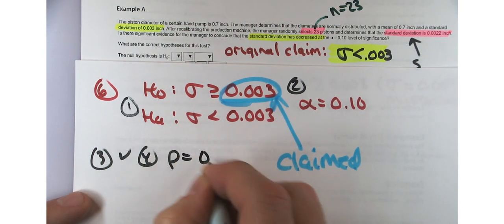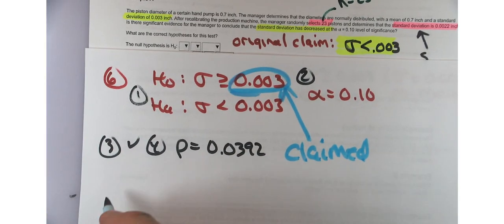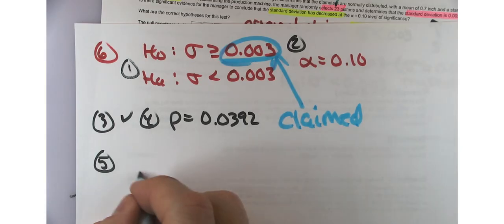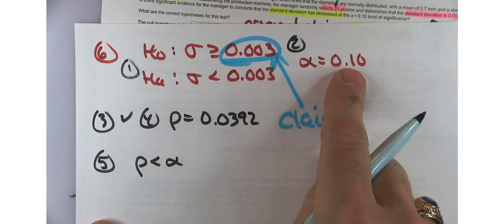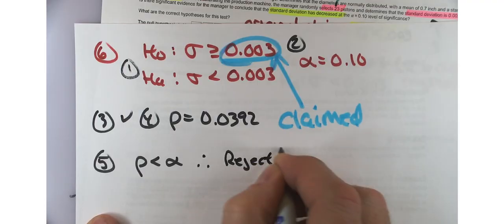Step 4, p-value is 0.0392. That brings us to step 5. Is our p-value less than alpha? Yep. P is less than alpha. This is less than 0.10, so therefore we reject H naught.